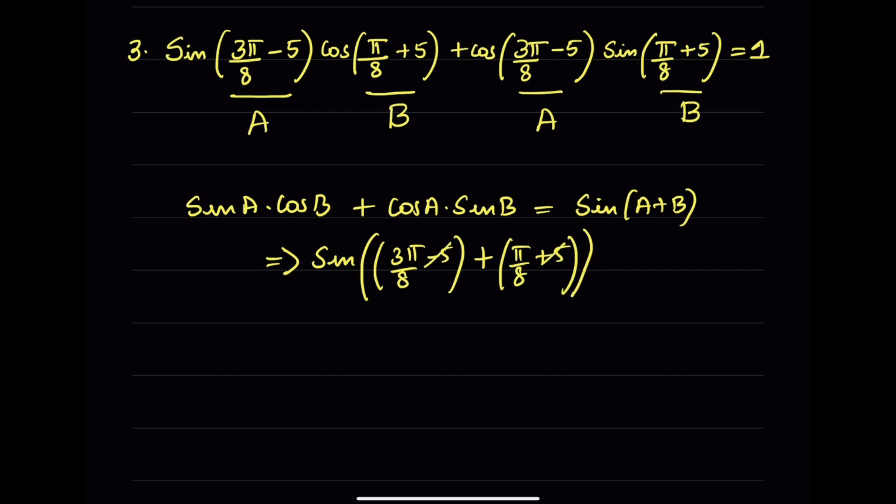Now the 5's get cancelled, so we would have sine of 4 pi by 8, which is sine of pi by 2 because the four can be simplified here. So sine pi by 2 is 1. So this is how we can apply the trigonometric functions sum and difference formula to easily solve the questions.